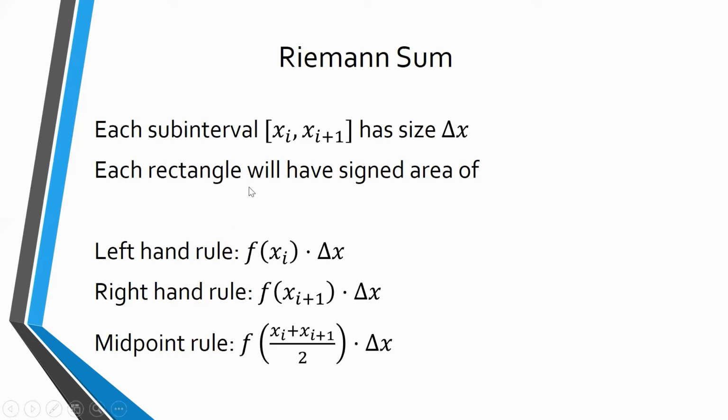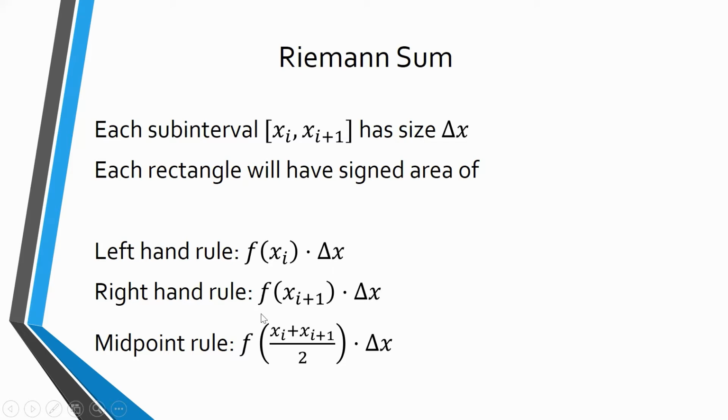Each rectangle will have assigned area depending on which rule we're using. If we're using the left-hand rule, then we use the left-hand values in our function, and then multiply times the width of the rectangle, which is delta x.